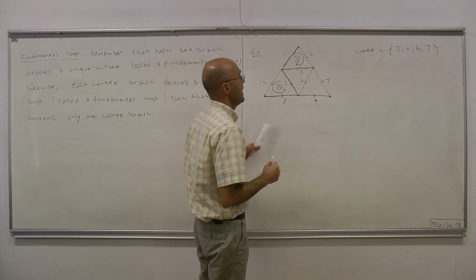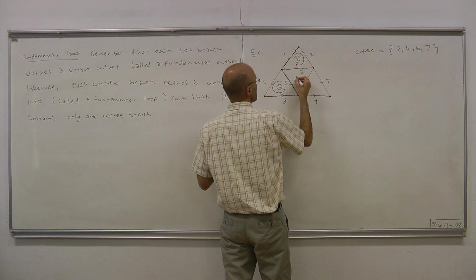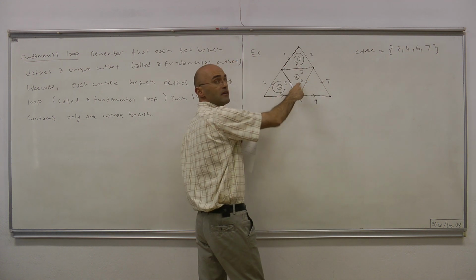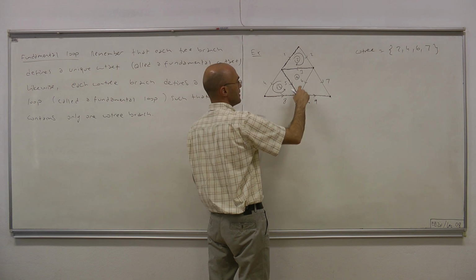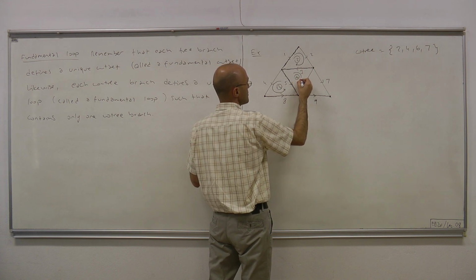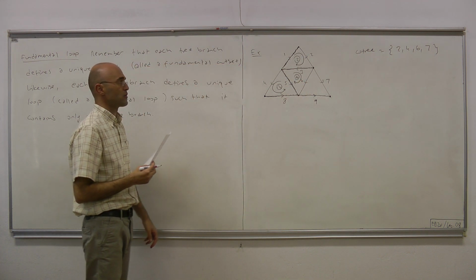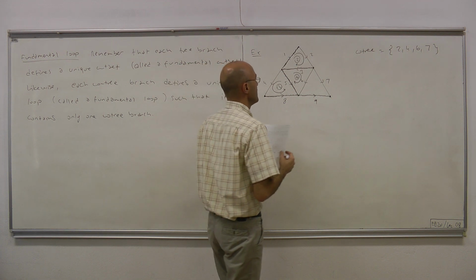And we have 6. The loop that's determined by 6 is 3, 6, and 5. The direction is clockwise, same as the direction of the cotree branch. And finally, we have 7.